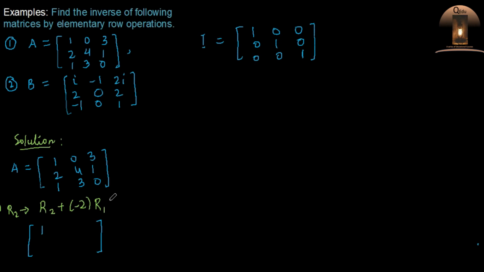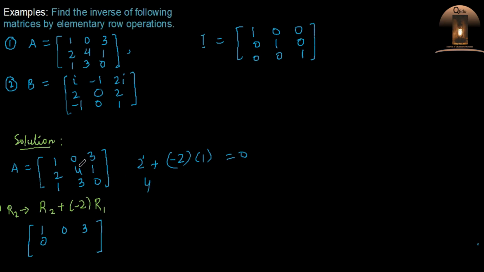Row 1 will be the same because we are using this row, the row of the pivot element 1. Now to get this 0, we multiply minus 2 with this 1 and add the result to the element 2. The 2 plus minus 2 into 1 will be equal to 0. This is the first element.